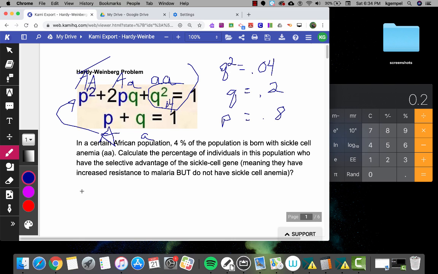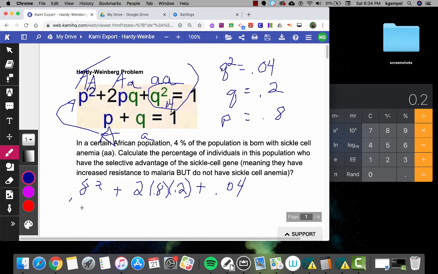So I have P, so 0.8 squared plus 2 times P, which is 0.8, times Q, which is 0.2, plus what I already know is 0.04. I can do Q squared, 0.2 squared, but since I already know that value, I usually just put the 0.04 there. But if you put 0.2 squared, you're going to get the same answer.